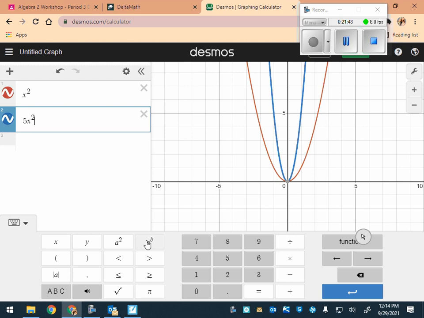Okay. So from our parent function, those of you that chose an a value that was larger than 1, like 2x squared, 3x squared, 4x squared, 5x squared, which you see on the screen, how did it change? How does it look different from our parent function? John?